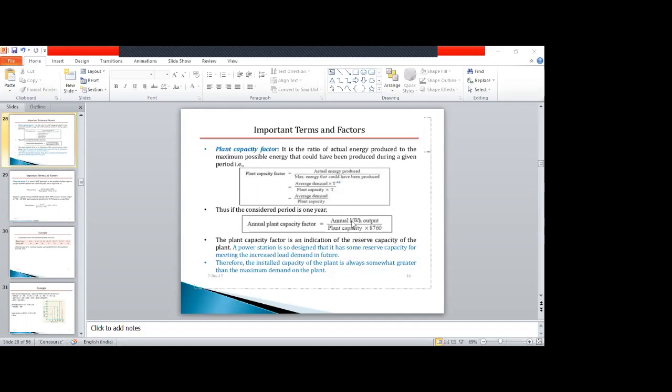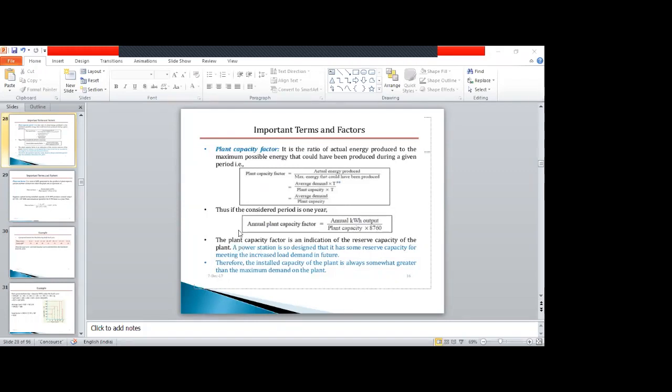This you will get in kilowatt hour, or if it is a large value, in megawatt hour, divided by the maximum energy that could be produced, which is plant capacity. Since in the numerator it is kilowatt hour, multiply by time, so that both numerator and denominator have the same unit.